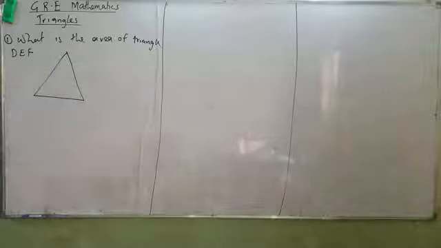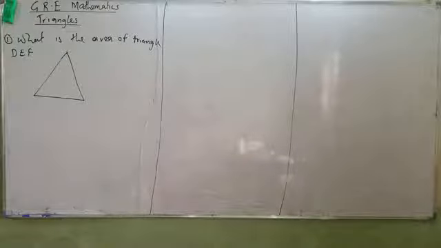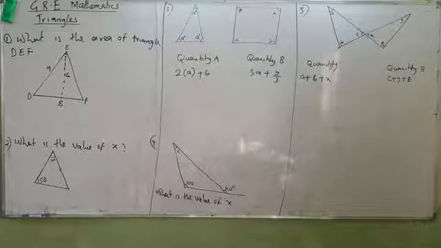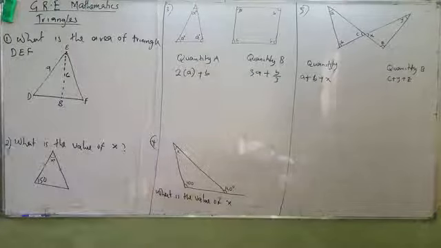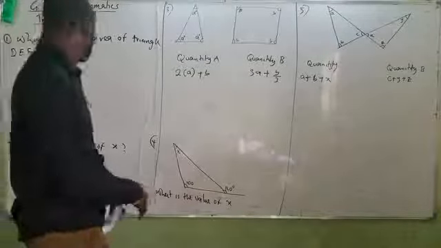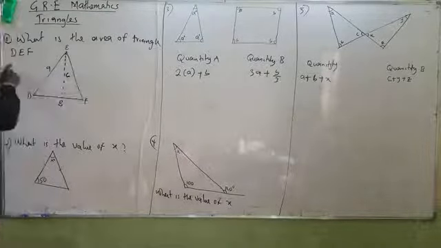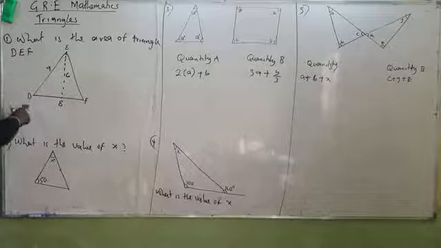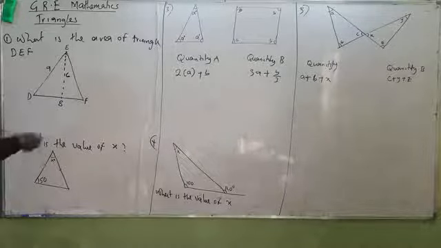Permit me to write out some questions so that it will be fast for all to handle. Look at question number 1 to question number 5. Let's work on these first, and we keep moving. The first question is, what is the area of triangle DEF?